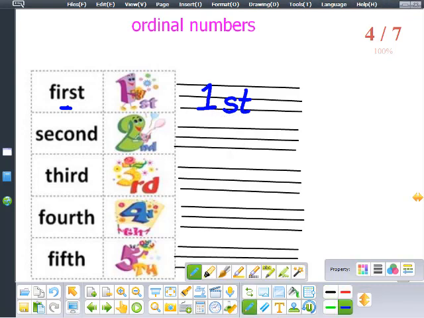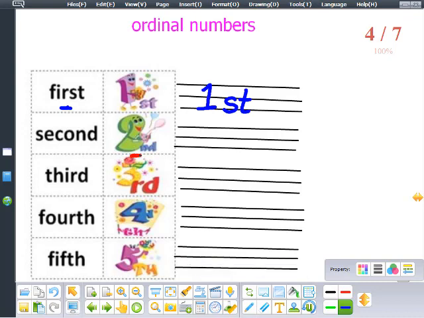Well, what about number 2? What do we say about number 2? We say it's second, because it comes as the second one in order. Let's write number 2 here.